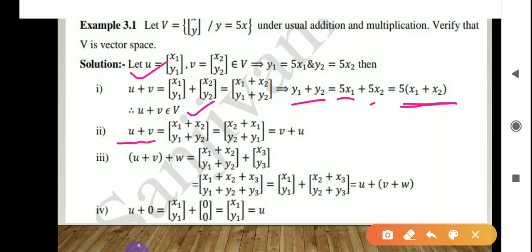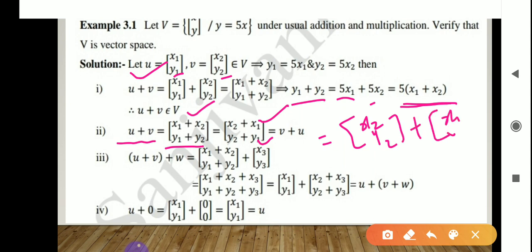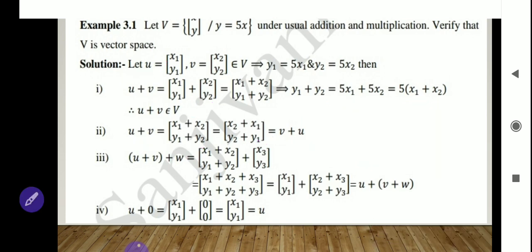Now u plus v is (x1, y1) plus (x2, y2), equal to (x1 plus x2, y1 plus y2), and we know that addition is commutative, so we can write (x2 plus x1, y2 plus y1), because x1, x2, y1, y2 are numbers in the matrices. This is (x2, y2) plus (x1, y1), that is v plus u. So u plus v is equal to v plus u, and the commutative property holds.